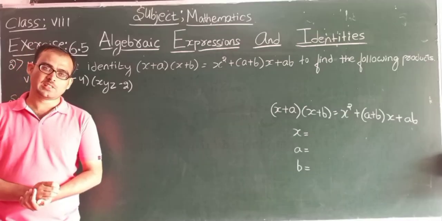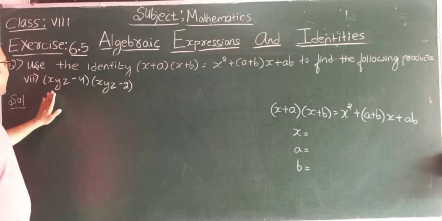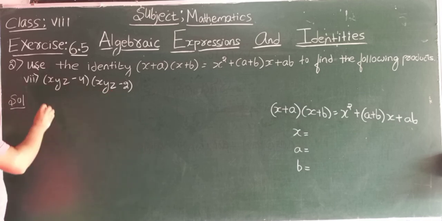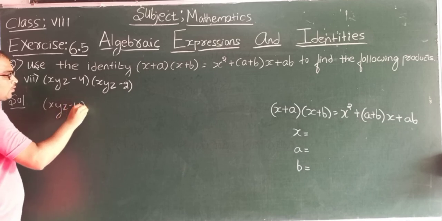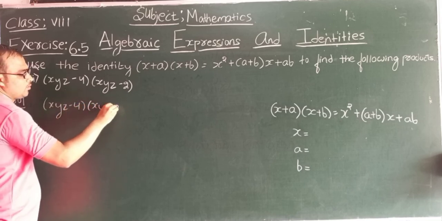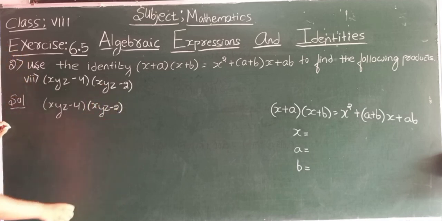Now students, let us solve the seventh question. So what have they given? xyz minus 4, xyz minus 2. Write it once again. xyz minus 4, xyz minus 2. Next, compute this one with the given identity.